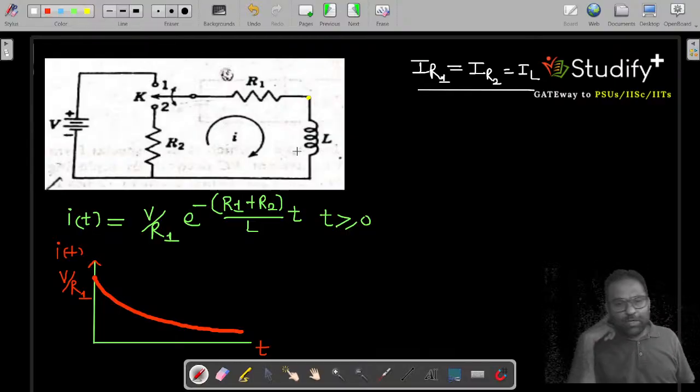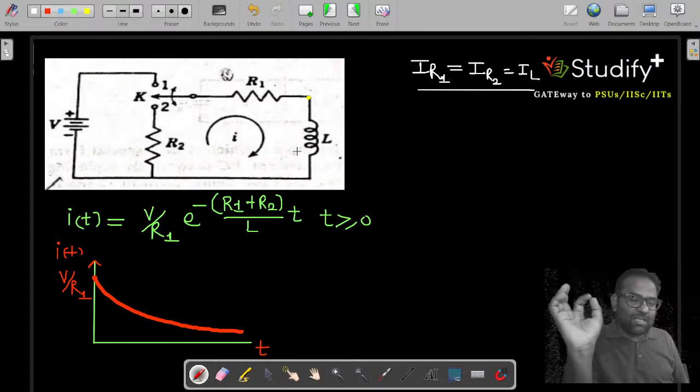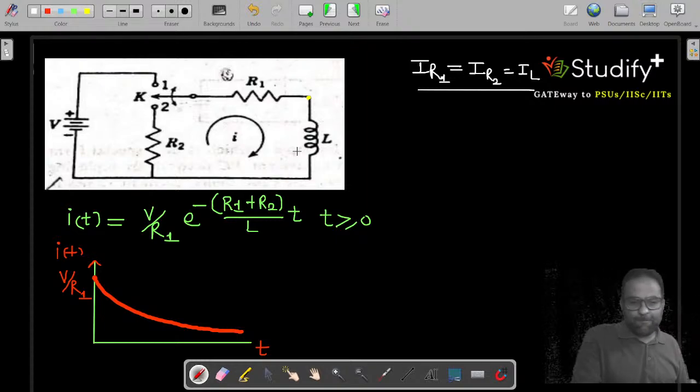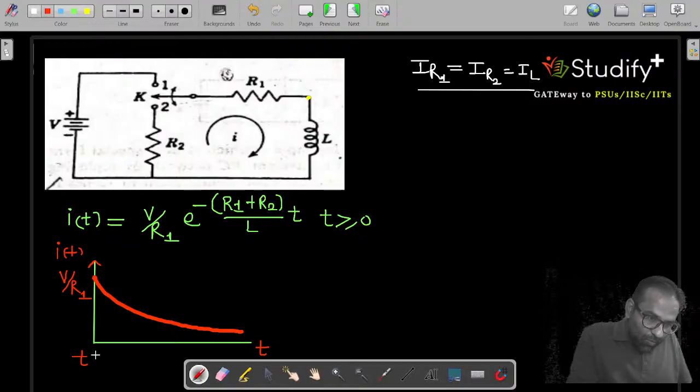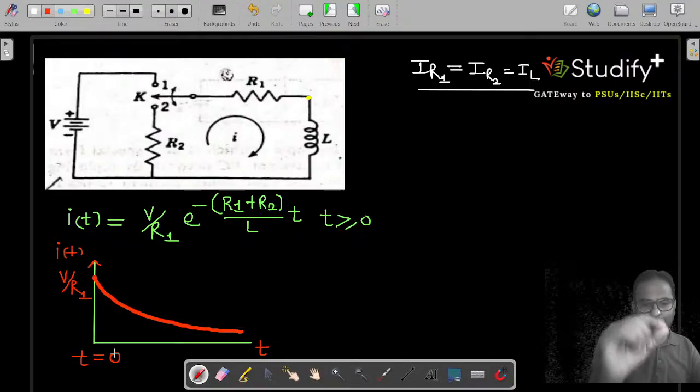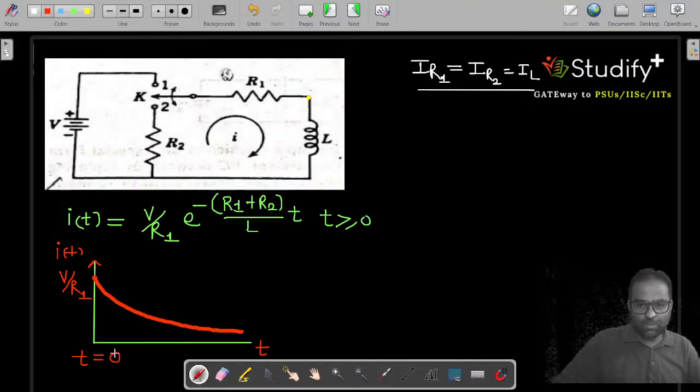If all the components are connected in series, the current in all components must be the same. Correct? Our analysis starts from t equal to 0. We have great significance of this point, that our analysis starts from t equal to 0.